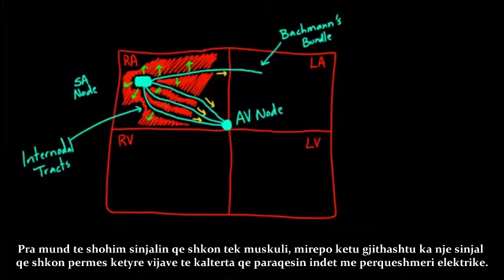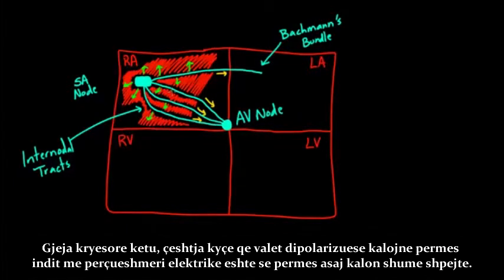So you see how there's actually signal that's going into the muscle, but there's also signal going through those light blue lines that represent the electrical conduction tissue. And the key issue is that the signal, the depolarization wave going through the electrical conduction tissue is much faster.